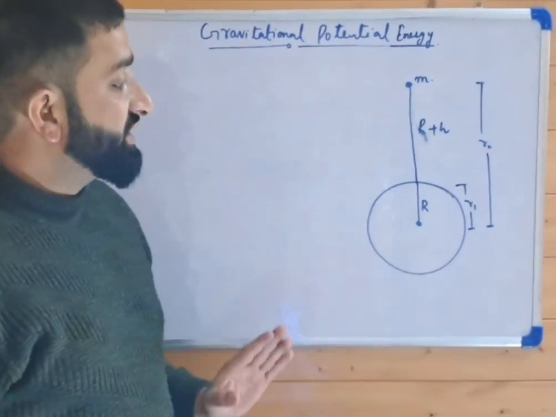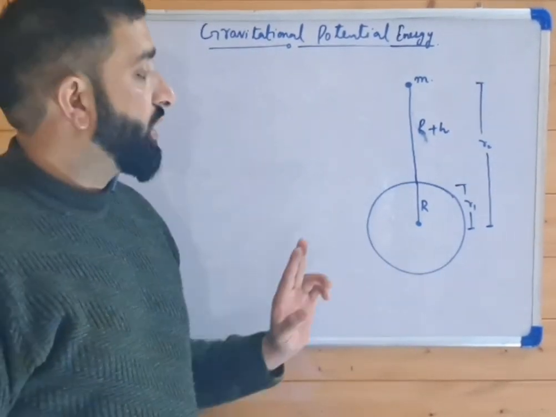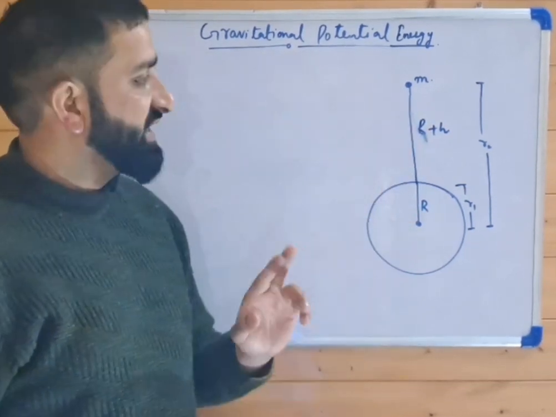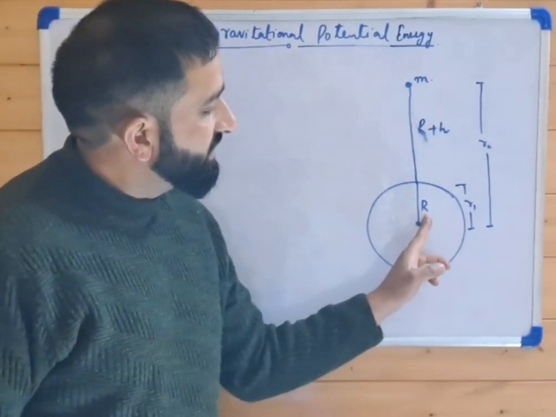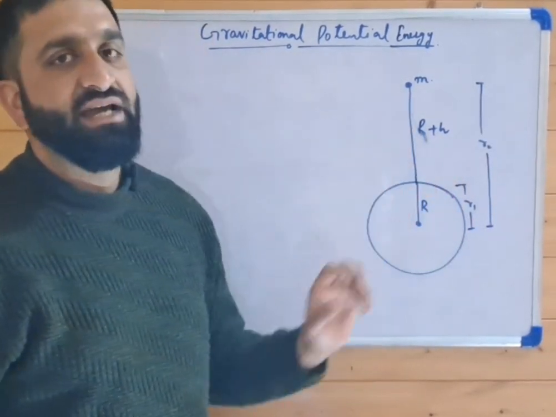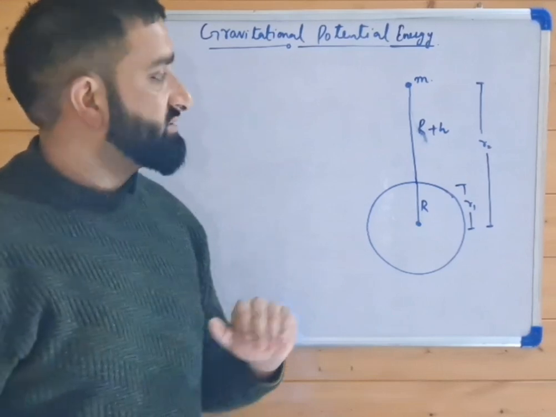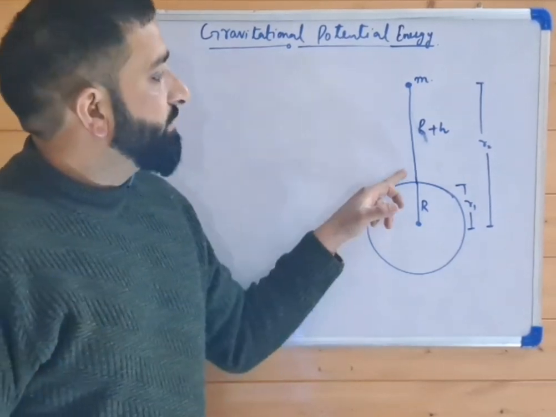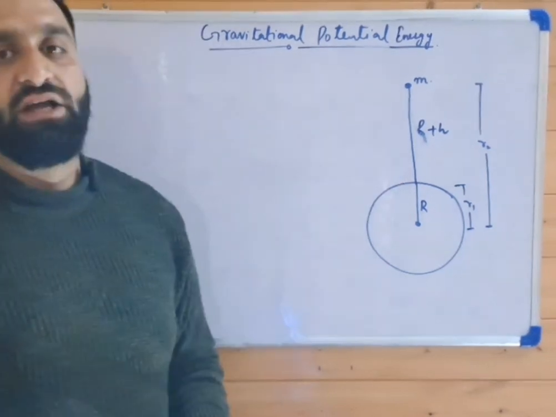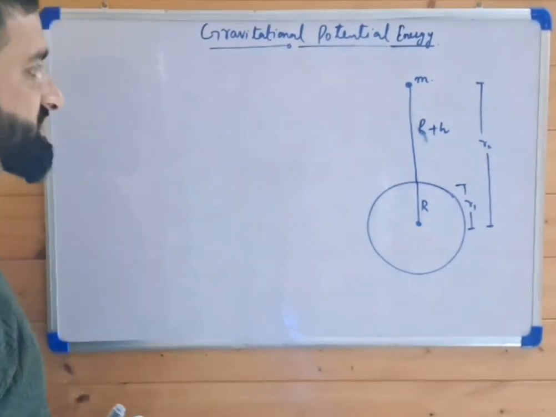Let us calculate the change in potential energy of a body that is taken from the surface of earth through an altitude h. That means our R1 will be equal to capital R, our R2 will be equal to R plus h, because it is displaced by an altitude or height h. We will see what the change in potential energy is.